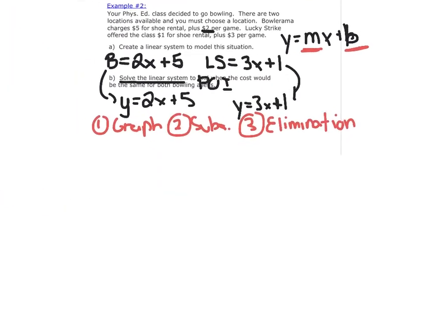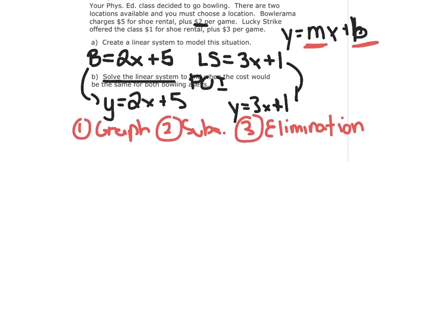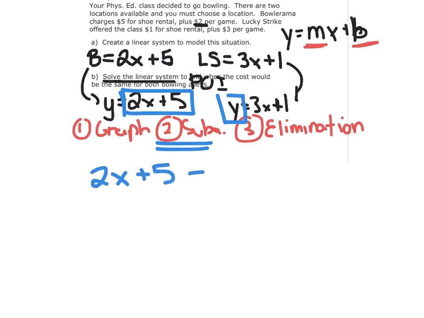For this question I'm going to choose to do substitution. I'm going to say that y is equal to this, therefore I'm going to replace the y in my other equation. So I will write 2x plus 5 equals 3x plus 1.